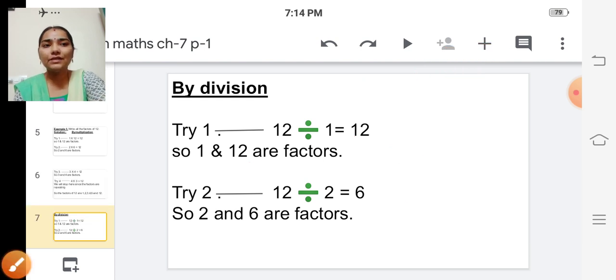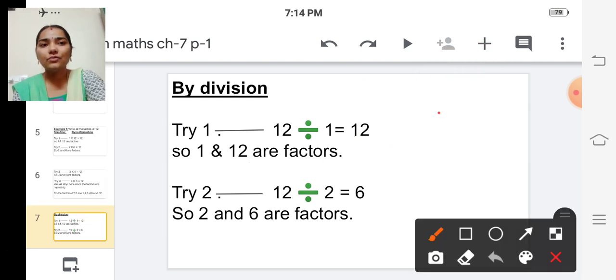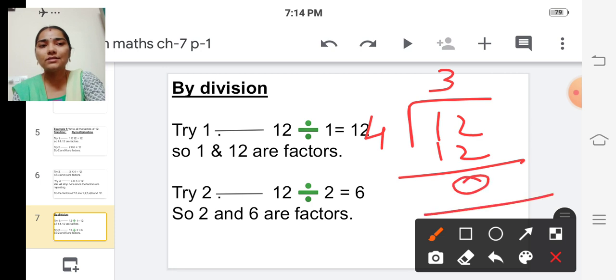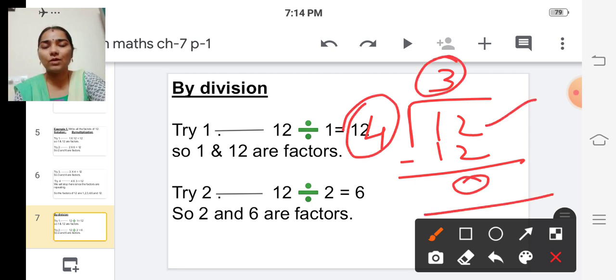If we divide 12 by 4, then we get 3 4s are 12 and remainder 0. So 3 and 4 are factors of 12. In the previous step itself, we got 3 and 4 as factors of 12, isn't it? So we can stop here.